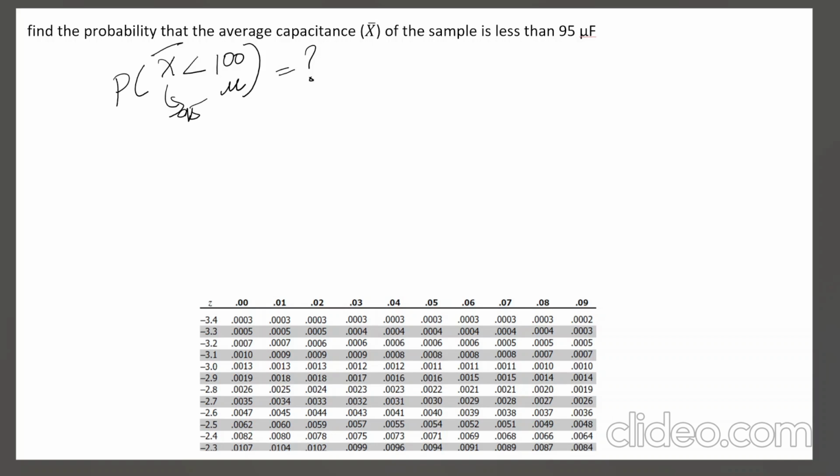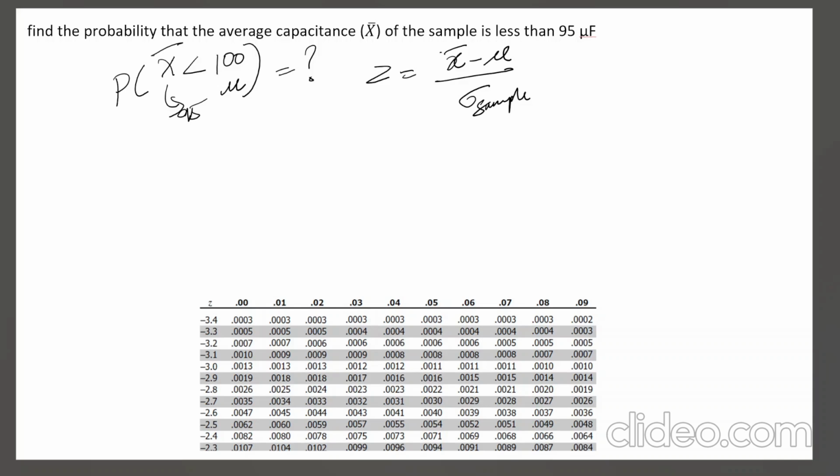So what we can do is standardize this using the standard normal variate. The standard normal variate is equal to X bar minus mu divided by sigma over square root of n.